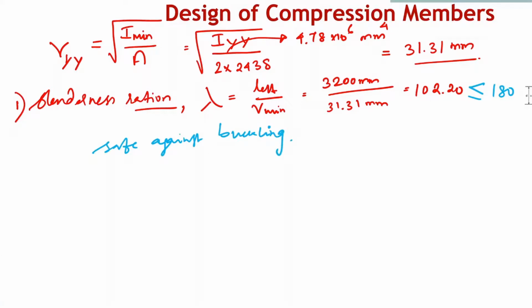Okay, now we have to perform the second check, that is to calculate the design compressive stress fcd. To find the design compressive stress, we need to know the buckling class of the given section.